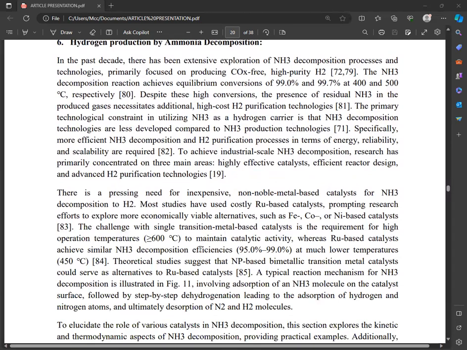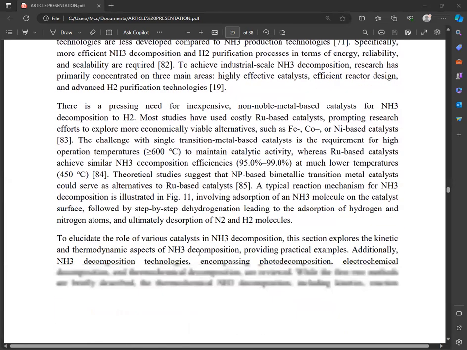The ammonia decomposition reaction achieves equilibrium conversion of 99% and 99.7% at 400 and 500 degrees Celsius respectively. Despite these high conversions, the presence of residual ammonia in the produced gases necessitates additional high-cost hydrogen purification technologies.